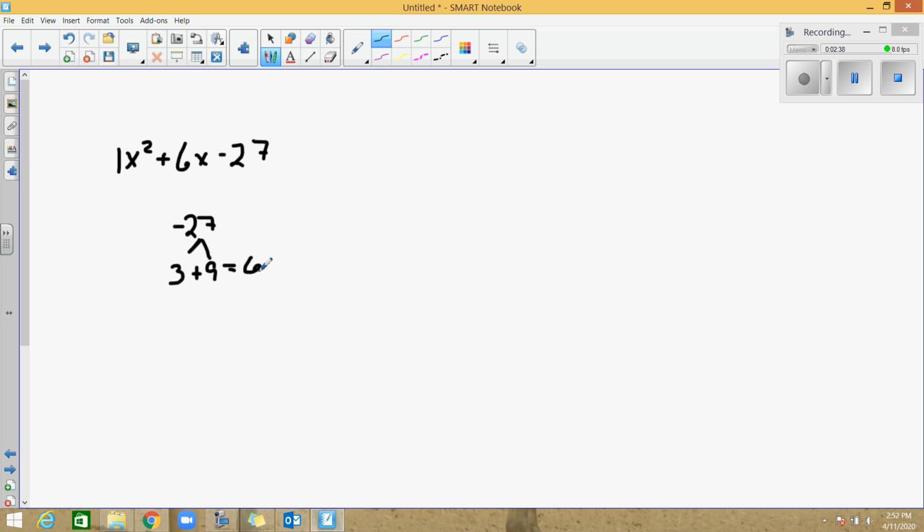What's the one that makes a positive 6 when we go across here? So it is a negative 3 and a positive 9. So negative 3 plus 9, difference of 6, sign of the largest positive, gives me positive 6. 3 times 9 is 27, and a negative times a positive is a negative. So this works. If this works, it factors.